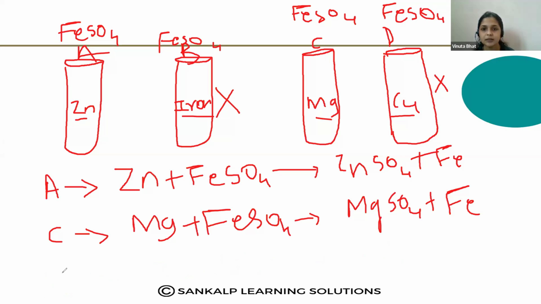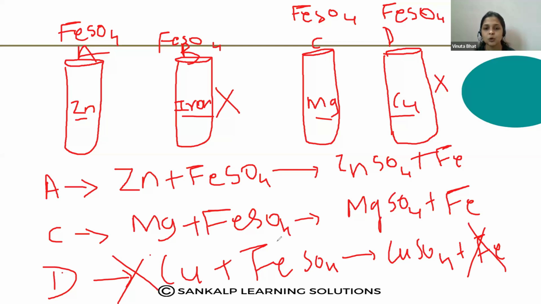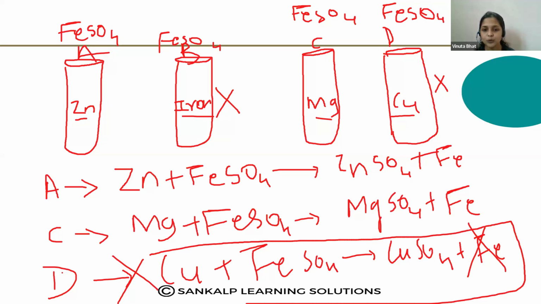And let us see the D test tube. Okay. Copper plus FeSO4 gives CuSO4 plus Fe. This reaction is not possible. Why is this reaction not possible?